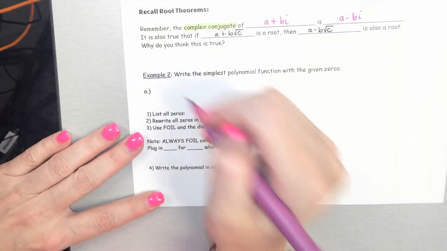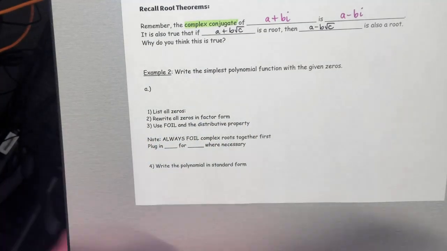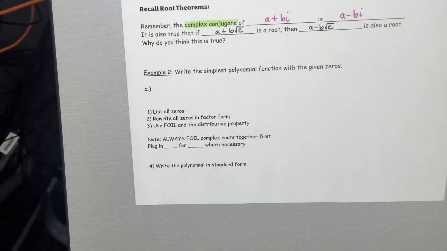Okay, so this is true because both imaginary and irrational roots are generated from square roots, and that is going to result in both a positive and negative solution. Okay, so I'm going to have you guys write that part down.